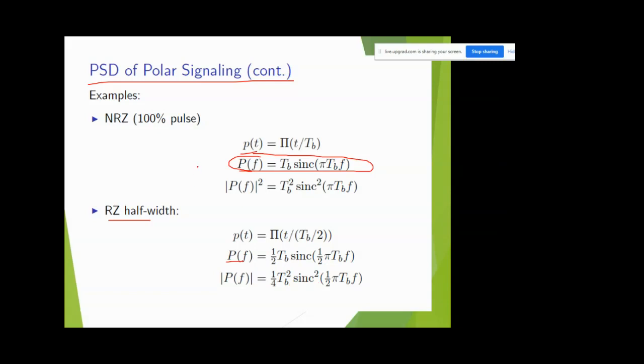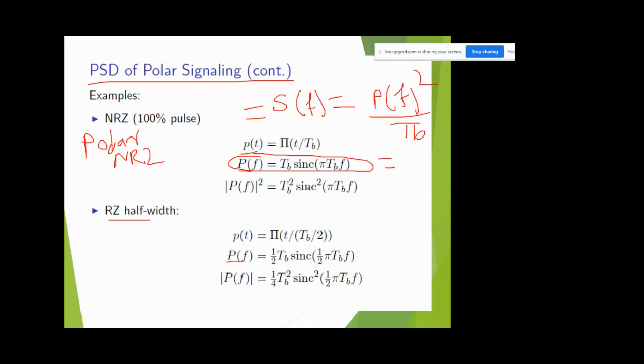So if you plot the power spectral density of polar NRZ, here we will get S of F is equal to P of F square divided by TB. So P of F square means what? This one, TB square sinc square, divided by TB.